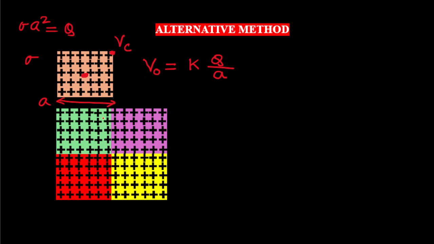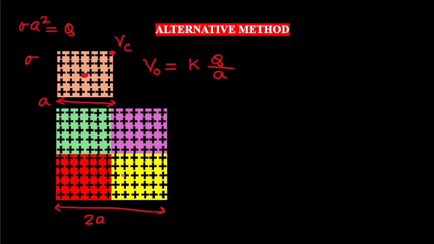then to calculate the ratio of these two potentials, we can consider 4 identical square plates like this, and if we put them side by side in the way I have shown in this figure, then you can see that it will form a big square plate of side 2A.